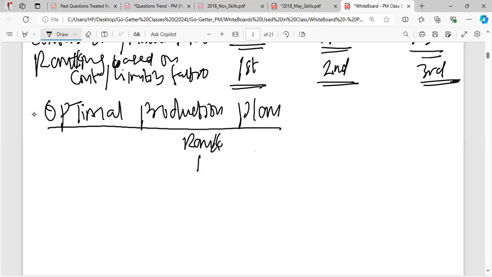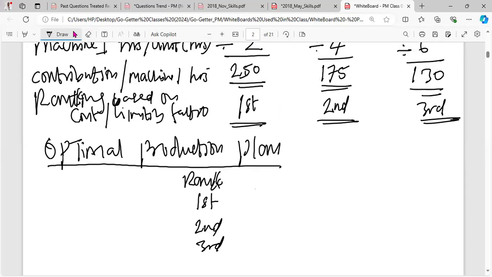Rank, we have first, second, and third. Sorry, they're supposed to put them here so that I'll get more space.